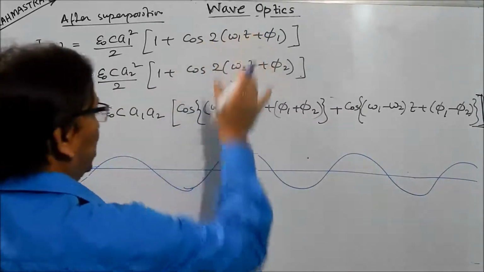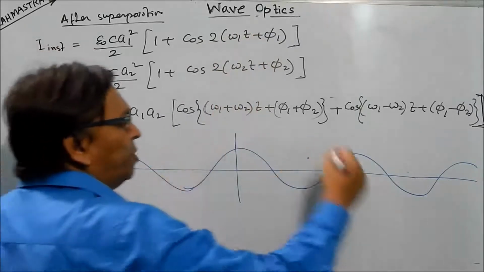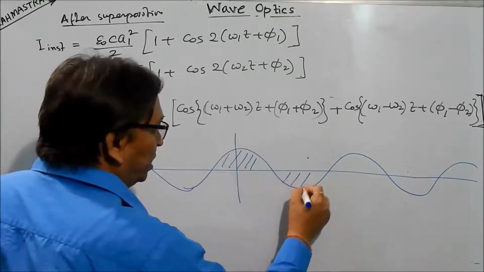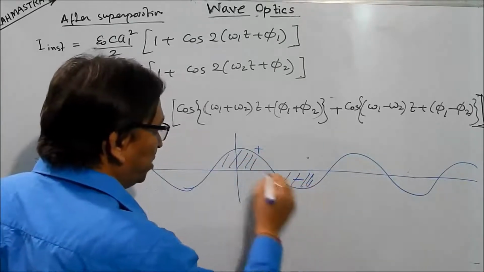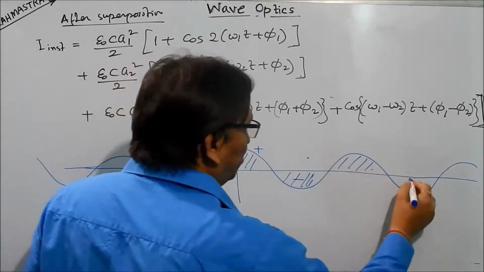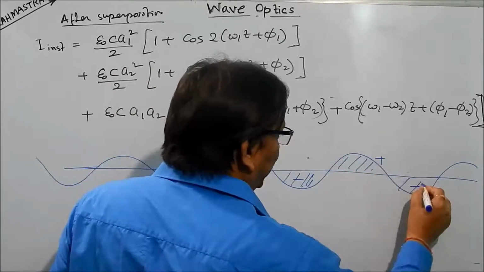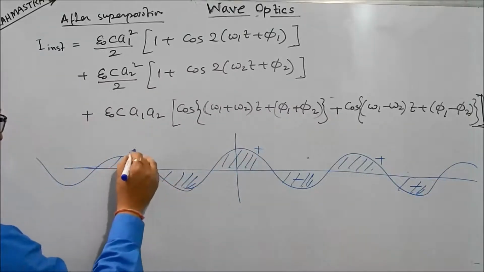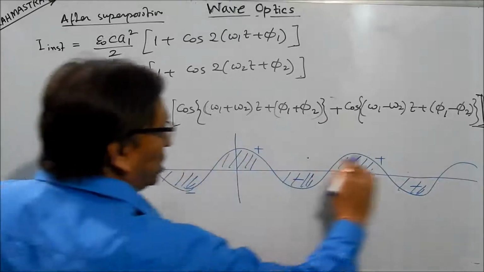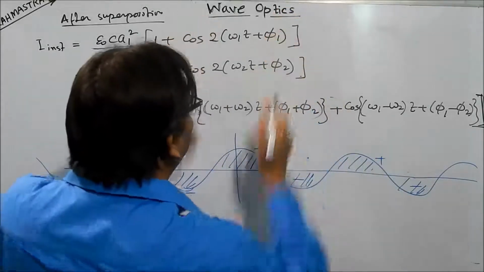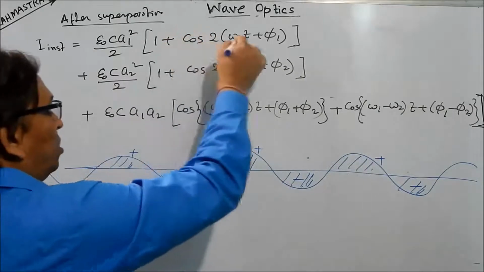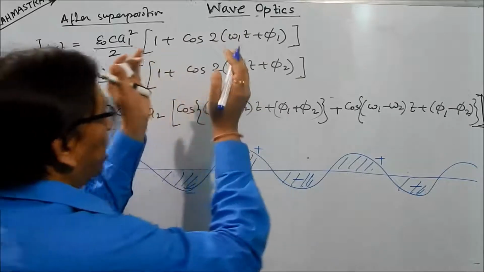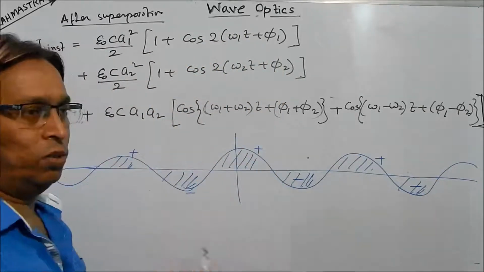So cos of something will give many cycles, and all these positive halves will be cancelled by the negative halves. This is positive half, this is negative half, cancelled; again this positive half, again this negative half. So positive and negative cancel. In a similar way, this is negative and this is positive, positive, negative, cancelled. So when we take the summation of all these within the time, the time average of cos or sine of any function of time gives actually 0.